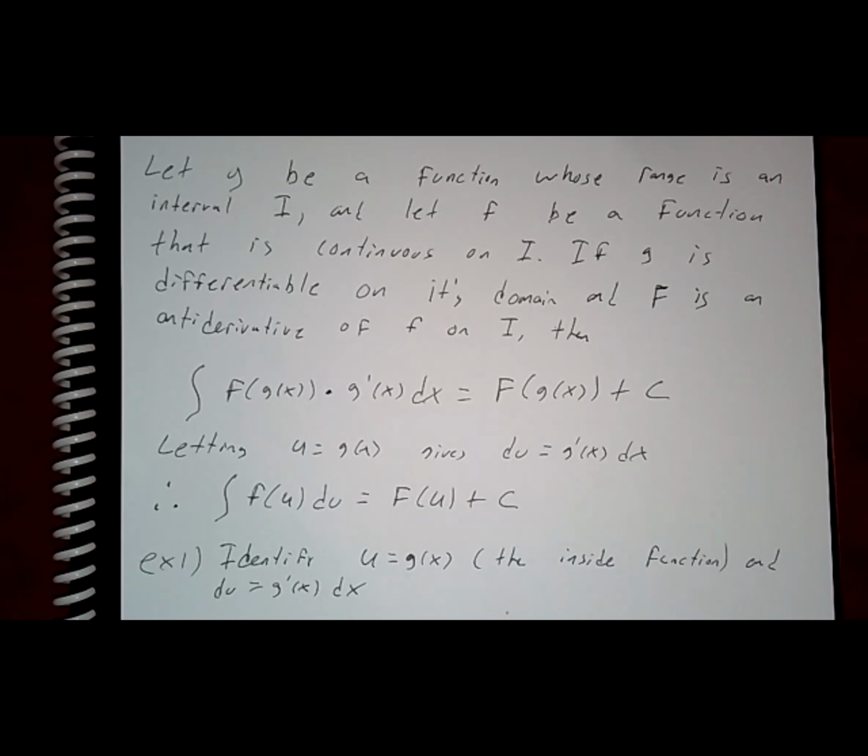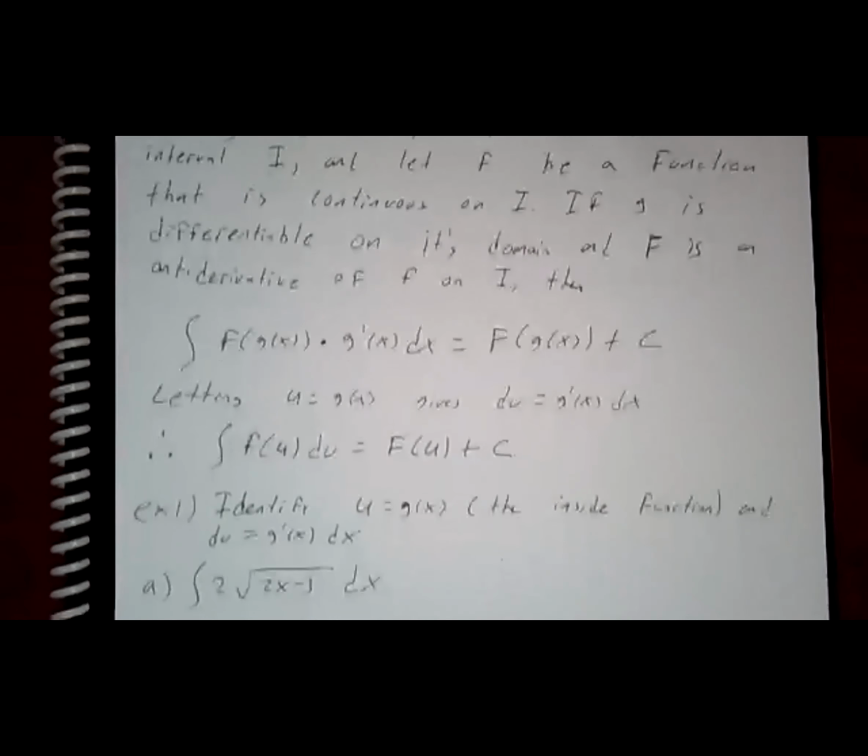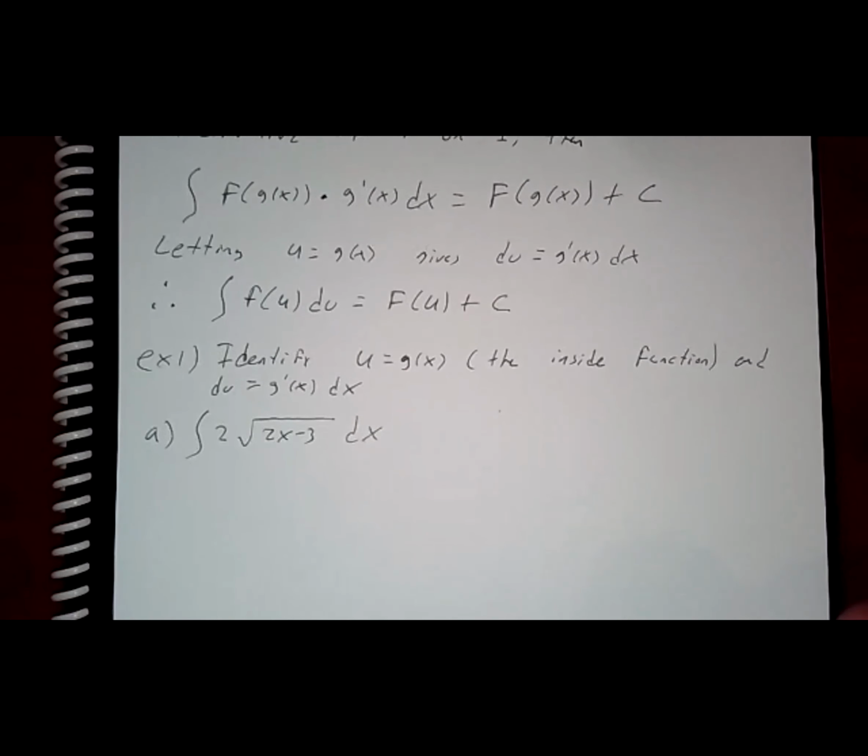So part A, you have the integral of 2 times the square root of 2x minus 3 dx. Can you identify which part is u?